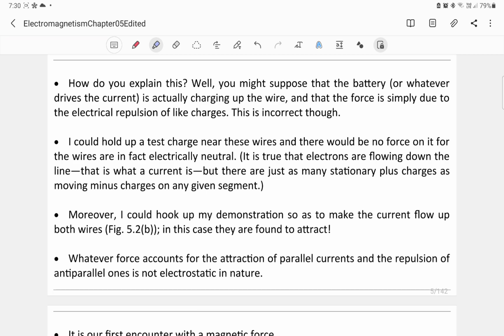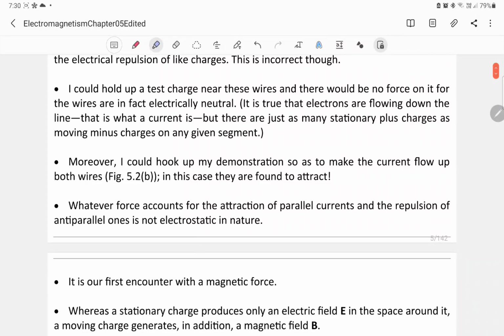If you have opposite currents in the two wires, they will repel. And if the currents have the same direction, they will attract. Why is that? Because what is actually doing the attraction or repulsion there is the magnetic force.